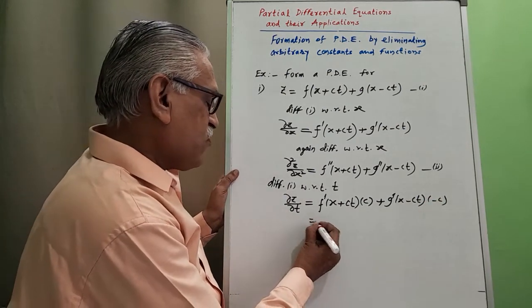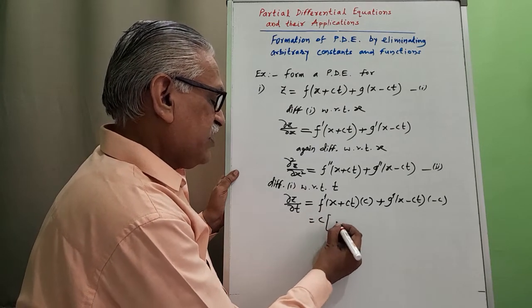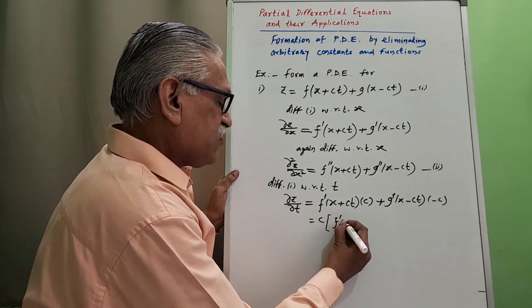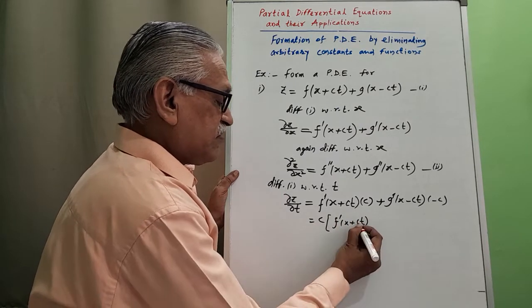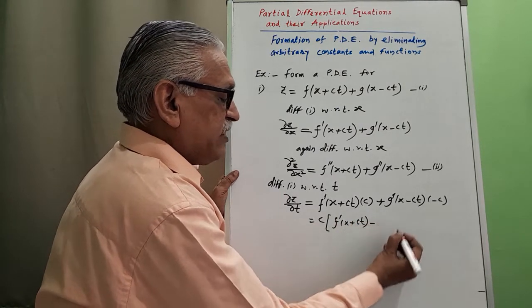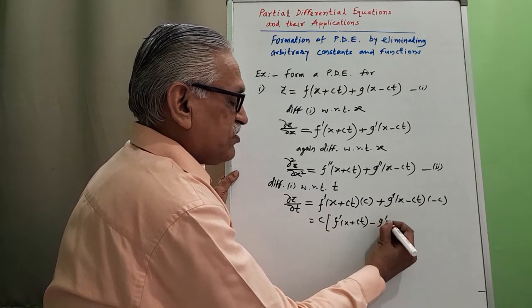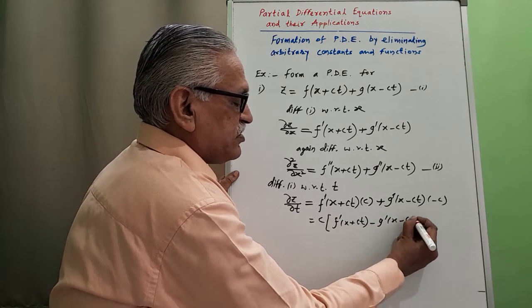We can take c common from this. We get c times f dash of (x plus ct) minus g dash of (x minus ct).